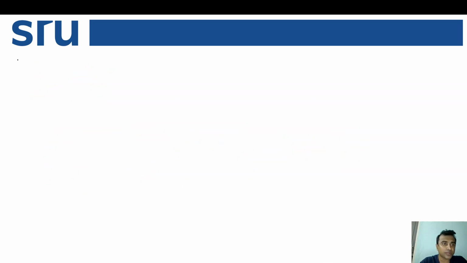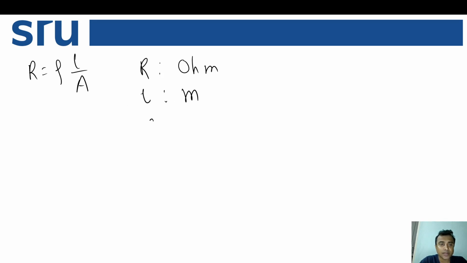But now what is rho? We start with R equal to rho L over A. Now we know that R has a unit of ohm, L has a unit of meter, and A has a unit of meter squared, right? We are all talking about SI units, no other unit.